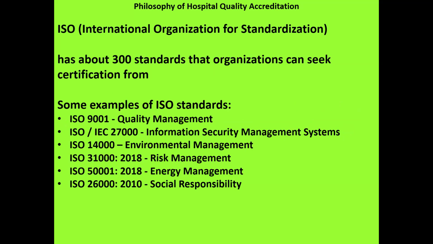ISO has about 300 standards that organizations can seek certification from. Some examples of ISO standards, which are identified by numbers: ISO 9001 is quality management, ISO IEC 27000 is information security management system, ISO 14000 is environmental management, ISO 31000 is risk management.